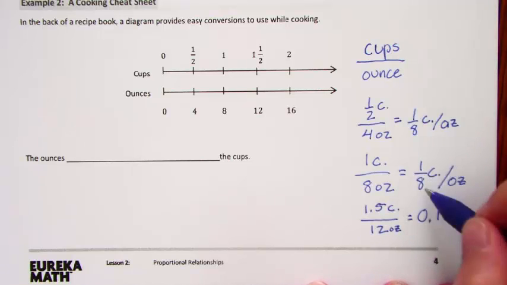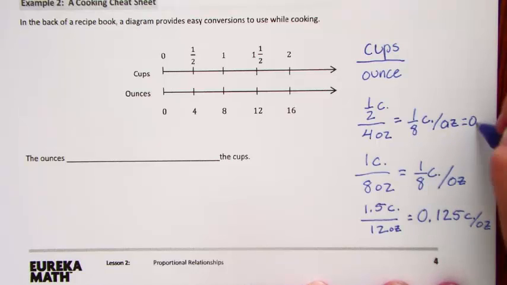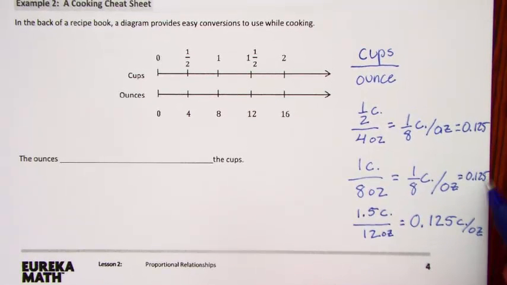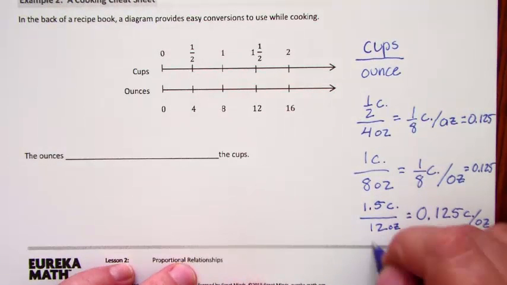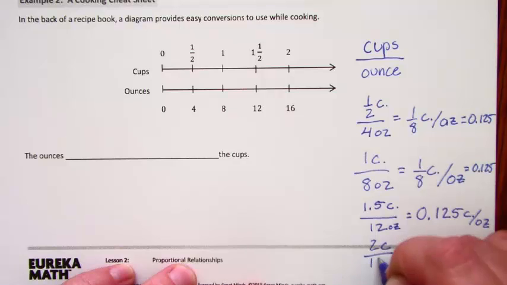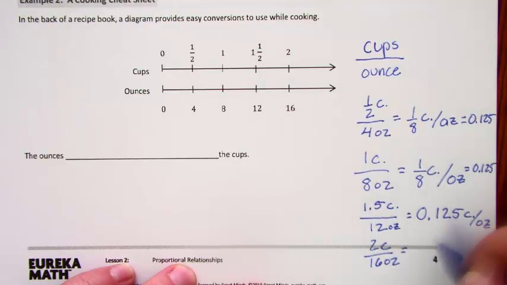If I took 1 and divided it by 8, I'd get 125 thousandths. The last one, 2 cups for 16 ounces, is going to be a fraction. If I simplify 2 out of 16, that's the same as 1 out of 8 cups per ounce.